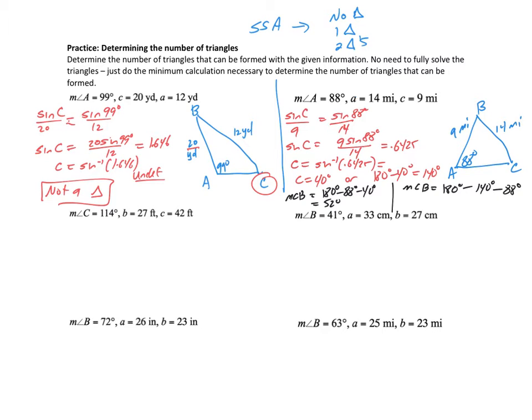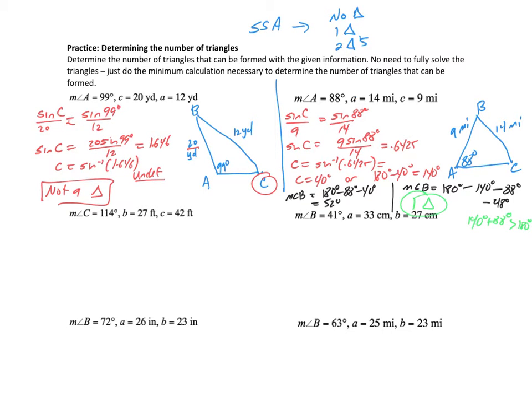If we do 180 minus 140 minus 88, we actually get negative 48, which is not possible. So we can conclude that we're just going to have one triangle for this case. We will not have two triangles. The other way you can check is to see if 140 degrees plus 88 is greater than 180, then you know you don't have a second triangle.